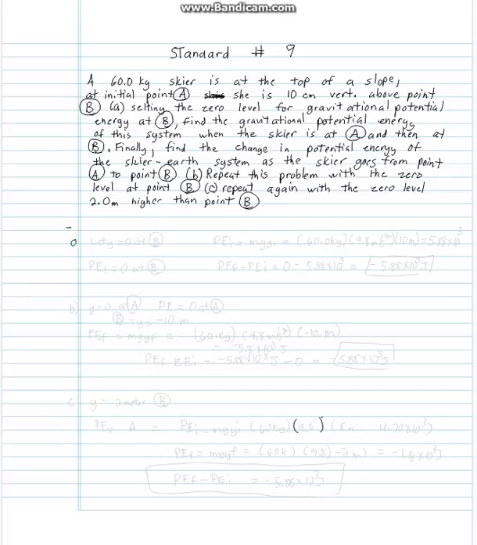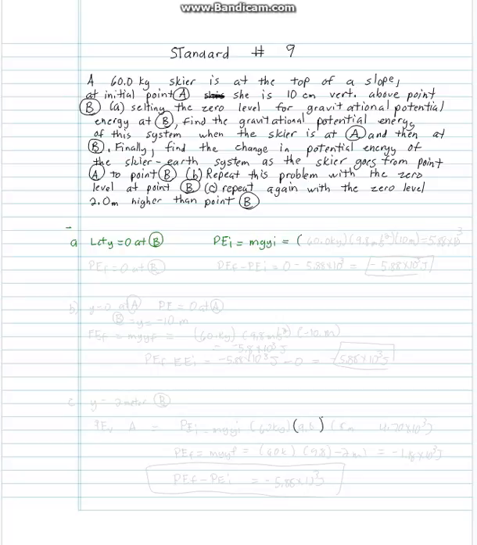Alright, for part A, I'm going to let Y equal 0 at B, calculate the potential energy at A and at B, and calculate the change in potential energy. So we're going to find the PE initial, the potential energy at A, from this equation: PE initial equals mg Y initial.